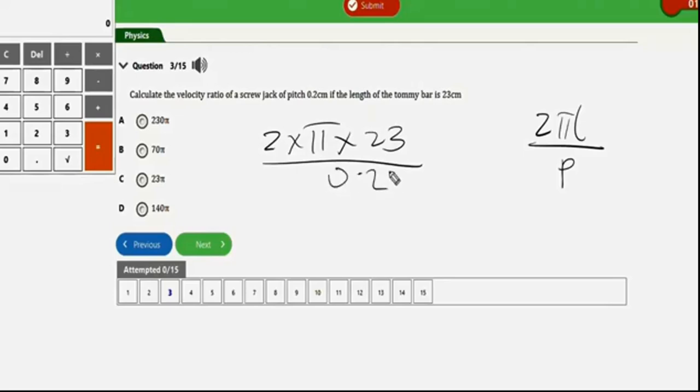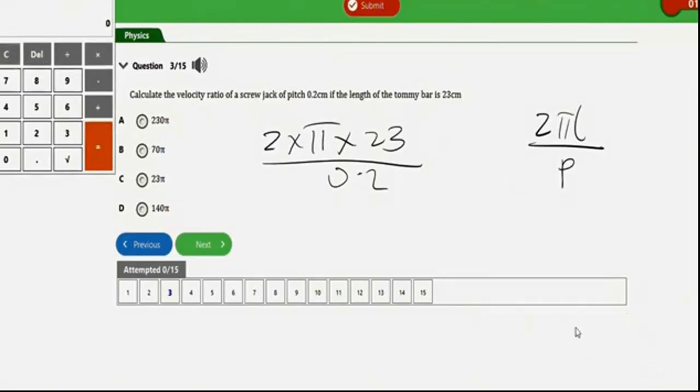Let's punch this into the calculator. 2 times 23, divided by 0.2, we have about 230. Remember the pi, so 230 times pi gives us 230 pi. So the correct option to this question is option A. That's it for this question.